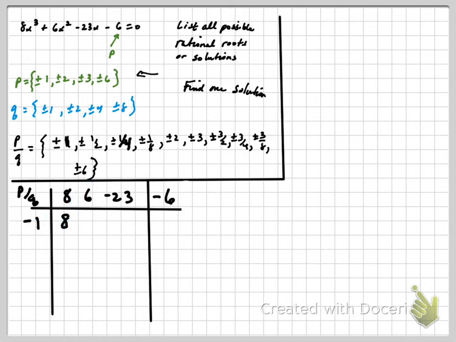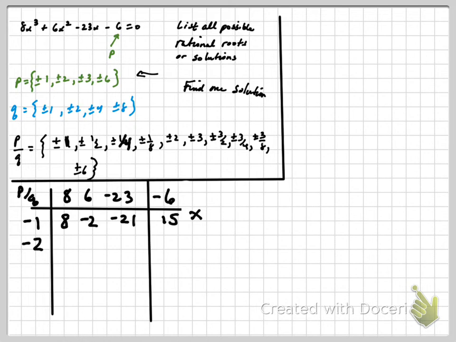So -1 times 8 is a -8. Add those together, and I will get a -2. -1 times a -2 is a 2. Add that to the -23, I get a -21. -1 times -21 is going to be a +21. Add that, and I get a 15. So, is x plus 1 a factor? And the answer is no. So I have to keep going.